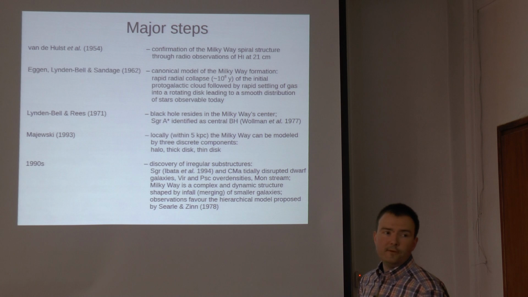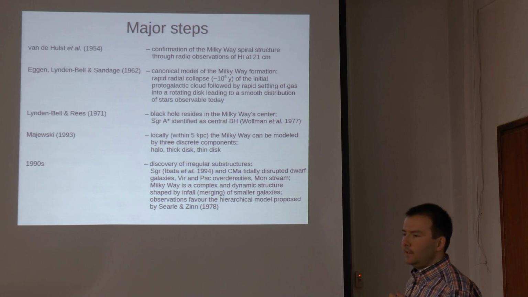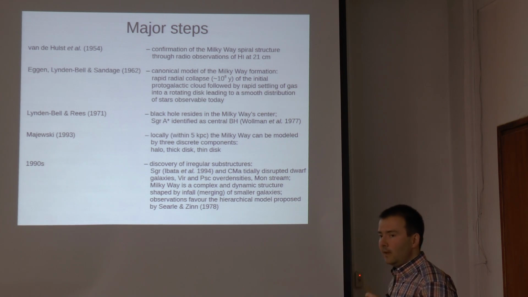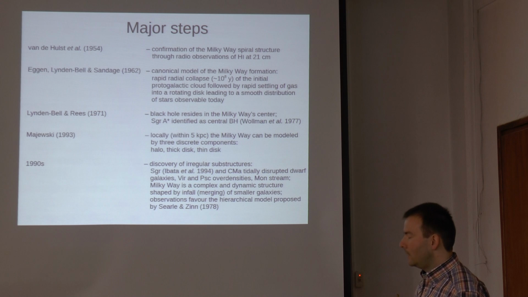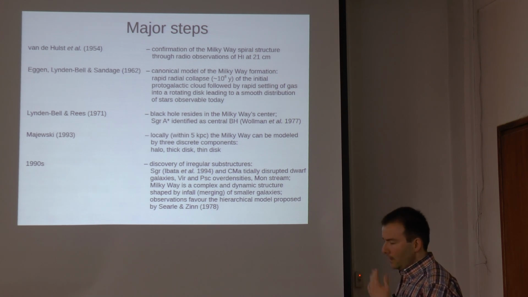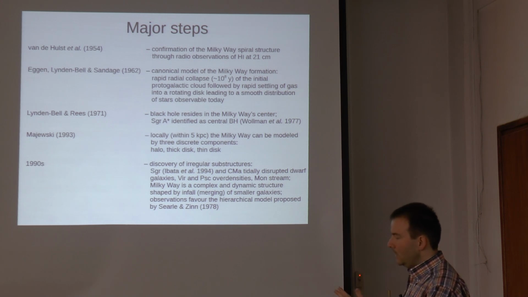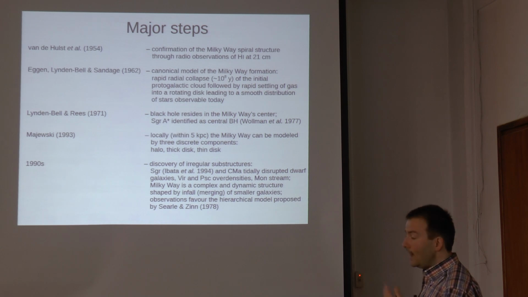Then in 1963 the first quasar was discovered. And it was quickly realized that quasars are located very far away, at cosmological distances, and they are very, very luminous. So there was this idea that they are powered by black holes, very active black holes.